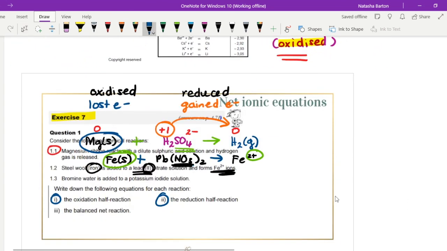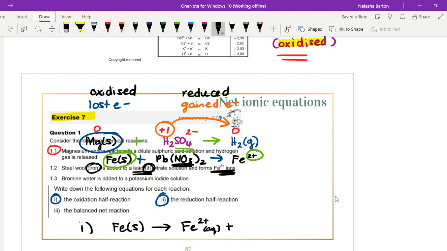So the oxidation half reaction, question number 1, we are going to say Fe solid is going to lose electrons to form Fe2+ plus 2 electrons.